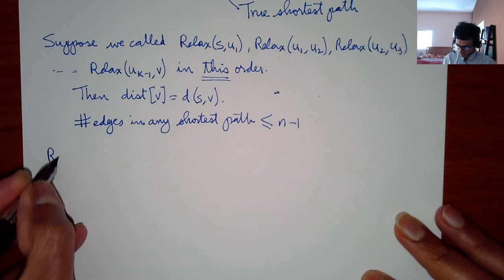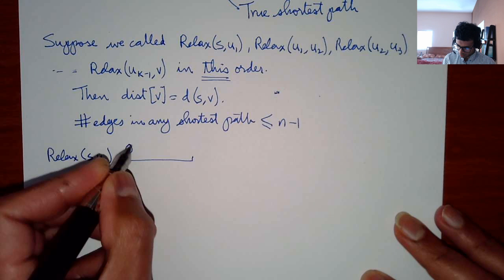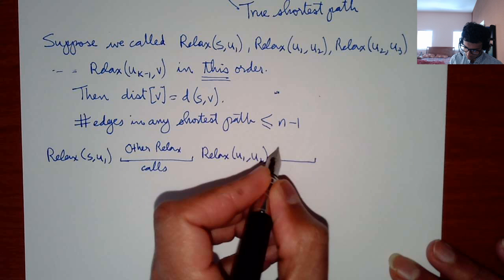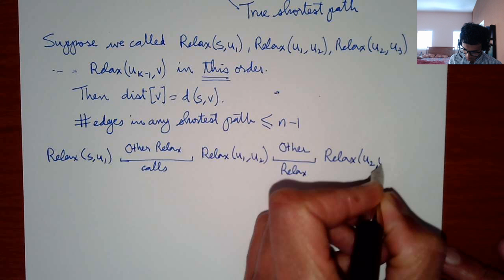We do relax S,U1, and then a bunch of other relax calls, then relax U1,U2, then another bunch of relax calls, then relax U2,U3, and then another bunch of calls.